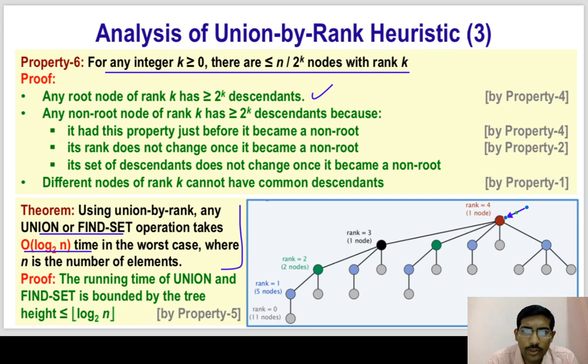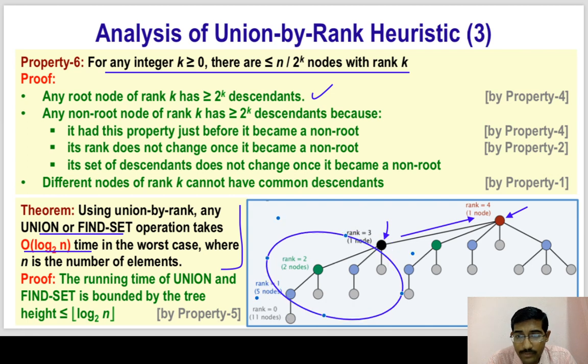We claim that a non-root node of rank k also has at least 2 to the power k descendants, because it had the same property. Let us consider this node. This node also had the same property just before it made this link to the root by some union operation. Then the property of this node doesn't change.